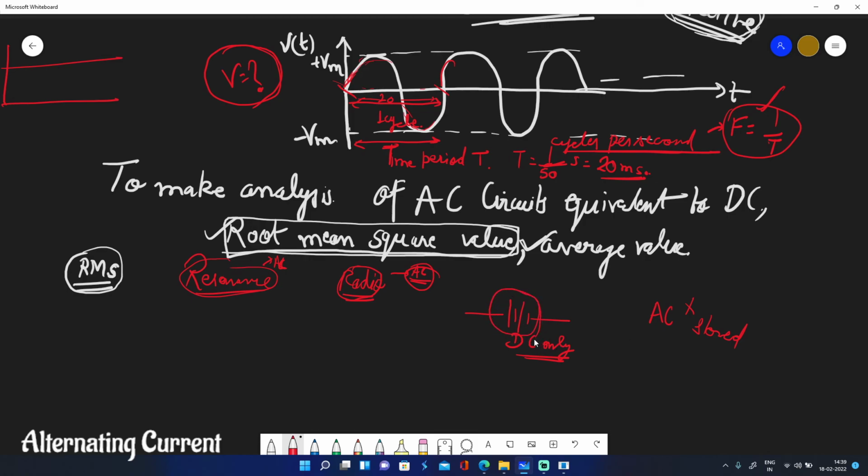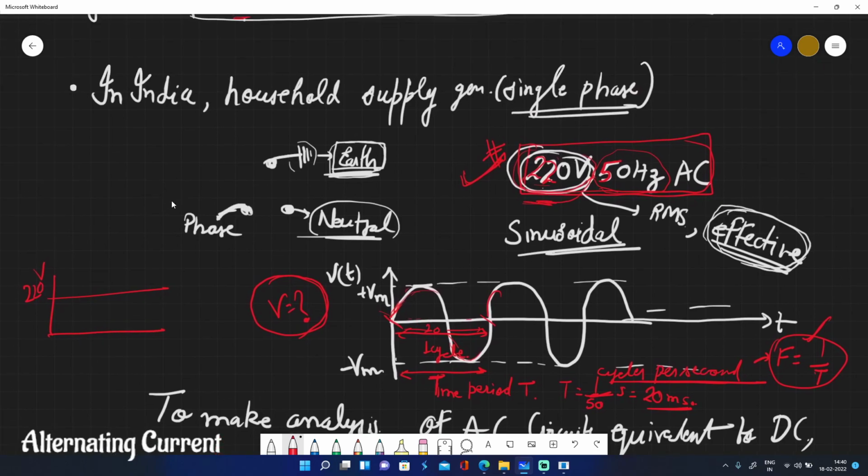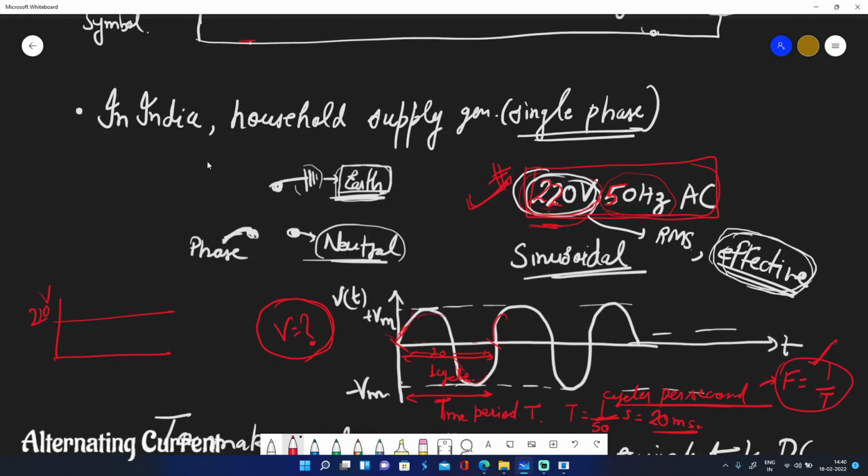So only DC can be stored; you need to understand this. That's why batteries are important. Everything has importance in its own respective field. The AC system is important. The supply we are using in our homes is AC only.